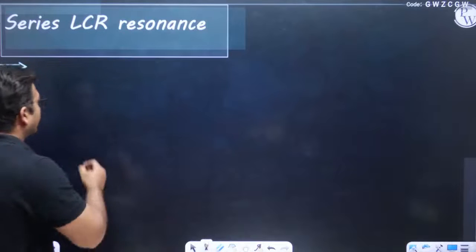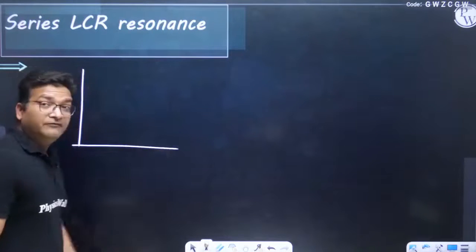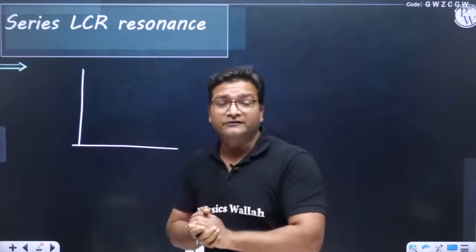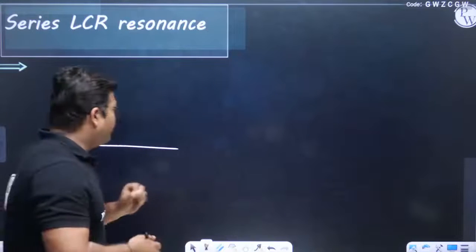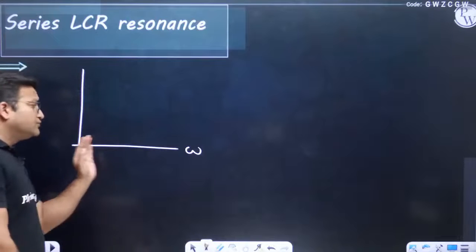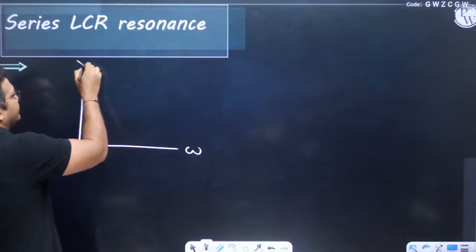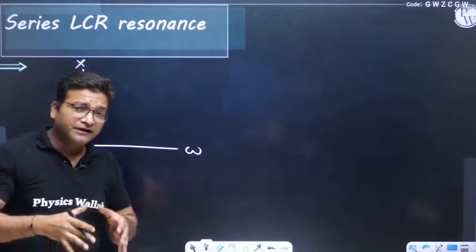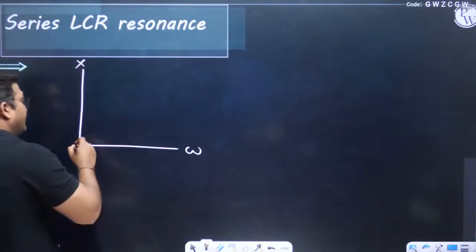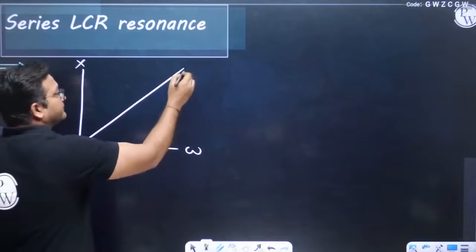Also, suppose we have a series RLC circuit where we have an AC voltage, an inductor, a capacitor and a resistance, and we somehow vary the angular frequency from a very low value to a very high value. If we plot the reactance, as you know, the inductive reactance XL is omega times L. It is proportional to omega, and as omega increases, XL increases.